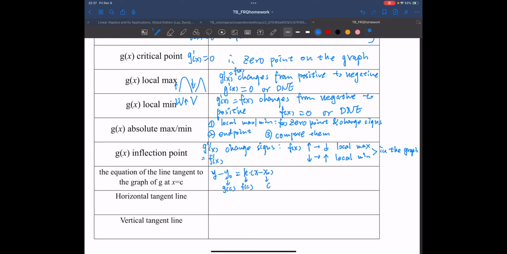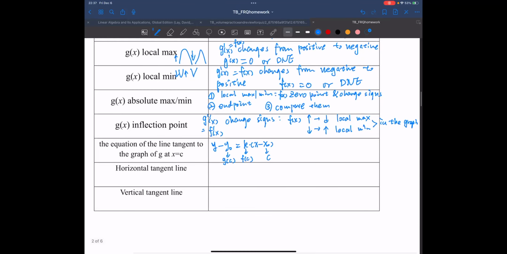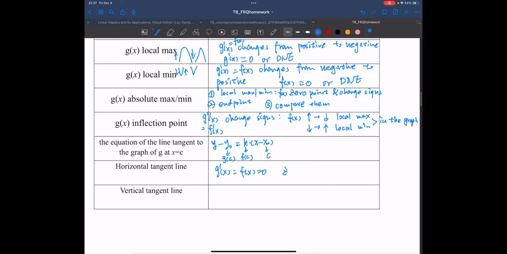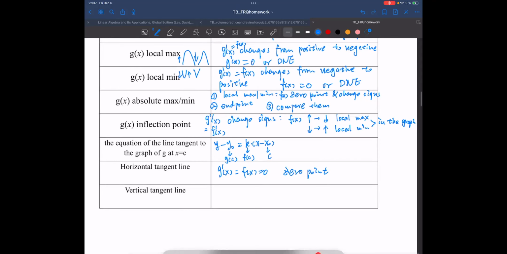It's right. And if we want a horizontal tangent line of g of x, then g prime of x equals f(x) equals 0. So you always check the 0 point. For a vertical tangent line, f(x) DNE, does not exist.